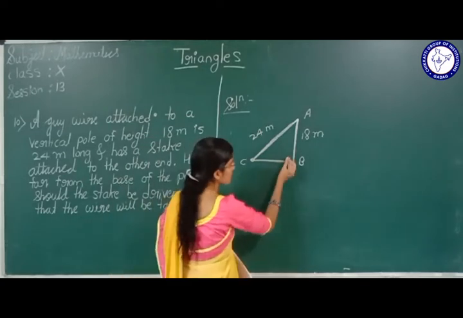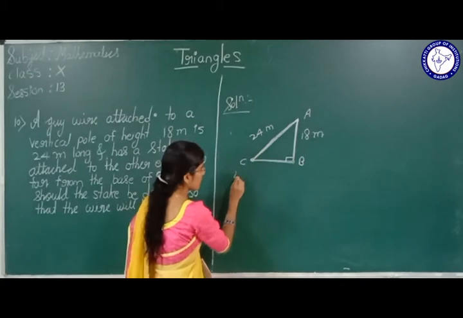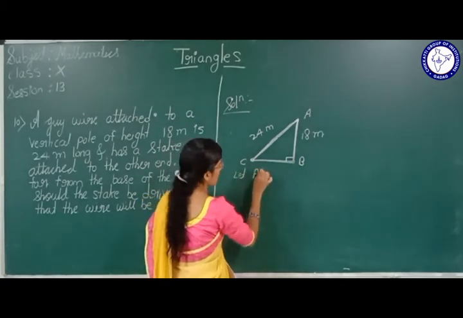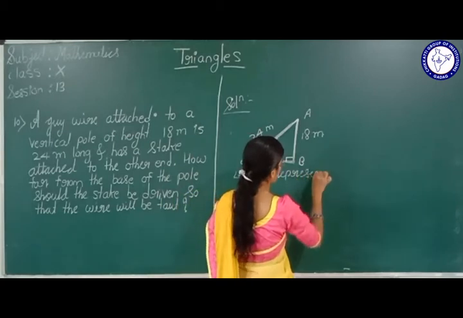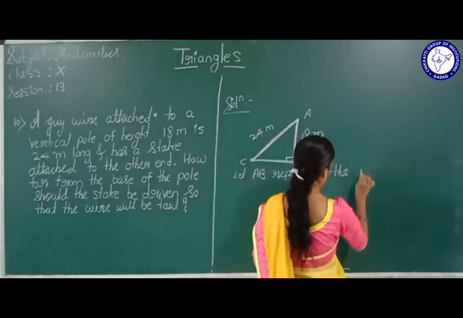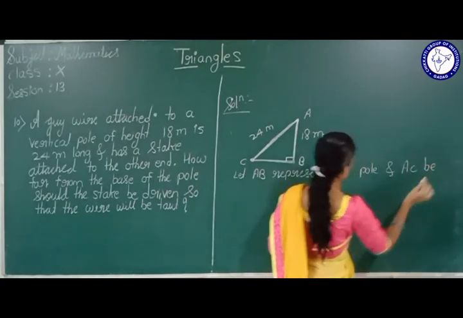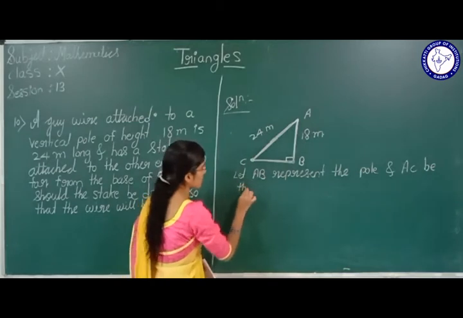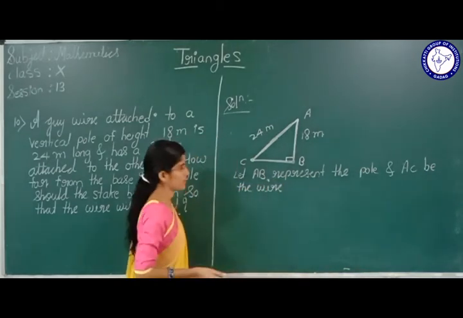Now see here, definitely angle B is 90 degree. Yes or no? Now see here, let AB represent the pole and AC be the wire.